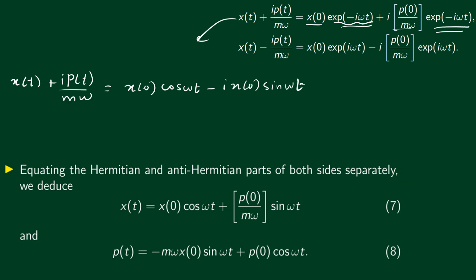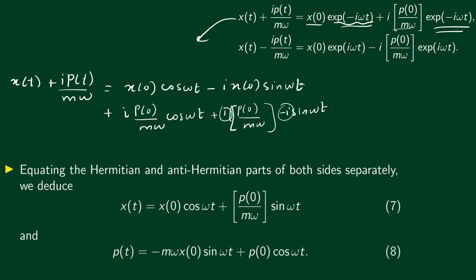Similarly, the second term here becomes plus i p of 0 divided by m omega cos omega t, plus i p of 0 divided by m omega multiplying minus i sine omega t. Okay. Here, i multiplying minus i gives 1. So this term can simply be written as p of 0 divided by m omega multiplying sine omega t.